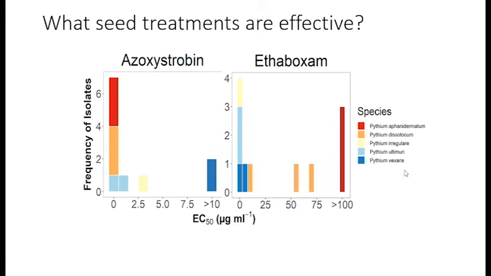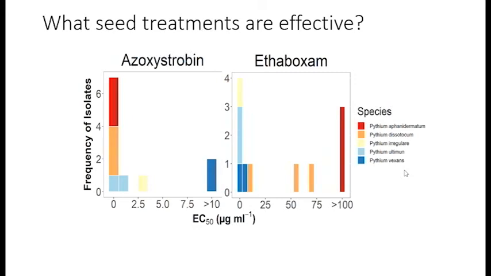For example, also from the samples that we've been collecting on Pythium, we tested them against different fungicides, in this case azoxystrobin here. And what this shows is just the frequency of the isolates and at which concentration of the fungicide they are controlled, right? So how much of the fungicide, how much of the product you need to control that specific isolate.